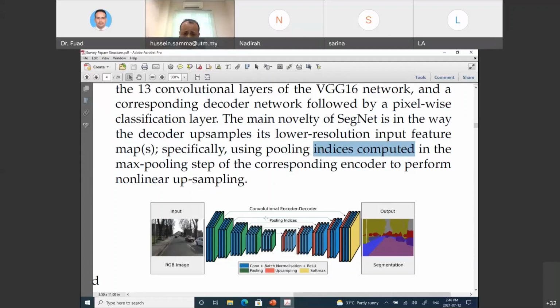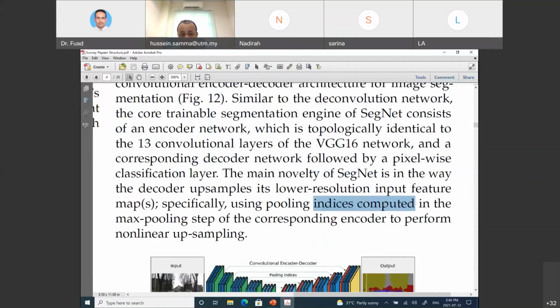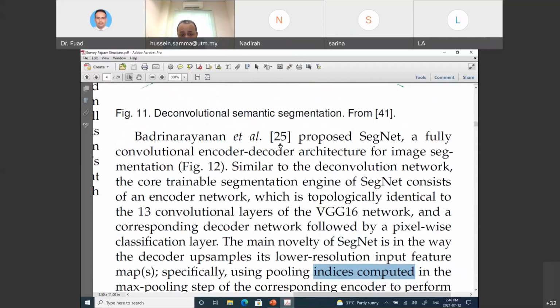So now, if you look at this idea, maybe you think it's just a simple idea with nothing major changed in terms of architecture. You just pass some indices in order to enhance the results. But if you look at where this paper has been published, this is the reference of this paper, 25.